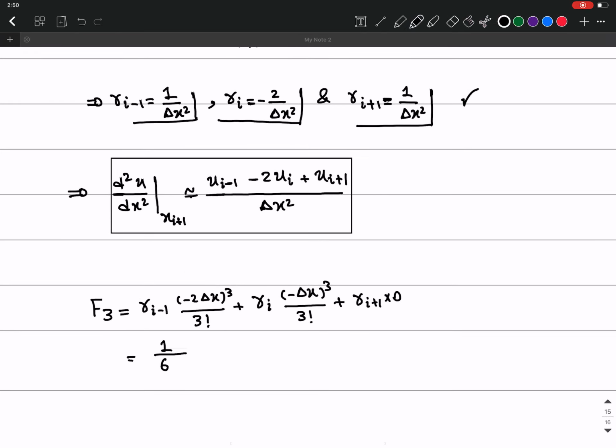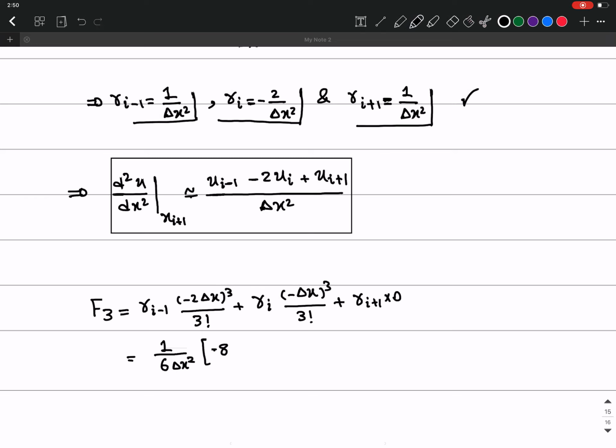So I'm also going to factor this out, and write it as 1/6 over delta x squared. So gamma i minus 1 is going to be the first term here times gamma i minus 1, which is just 1 over delta x squared, which we have already factored out here.